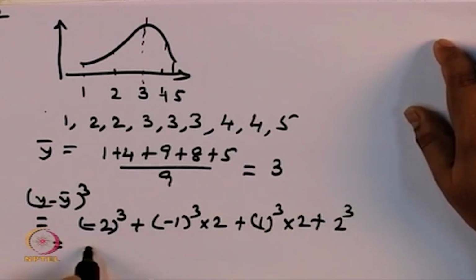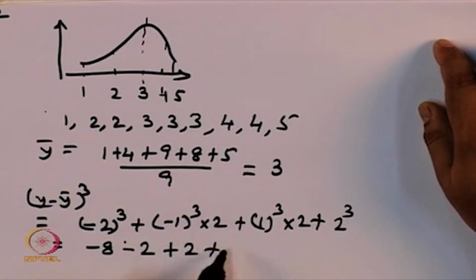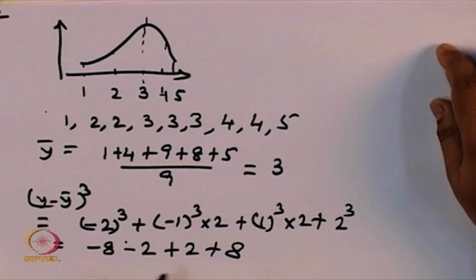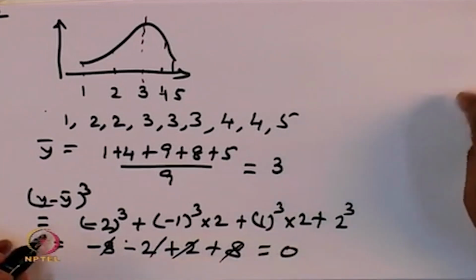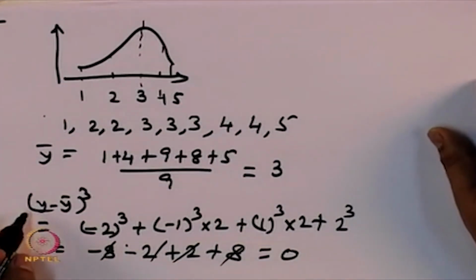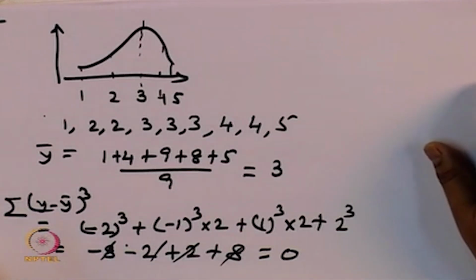So, I have minus 8 here, minus 1 minus 1, that is minus 2, plus 2 here, plus 8 here. So, these exactly balance each other out, and for this distribution the summation of y minus y bar whole cubed is 0.